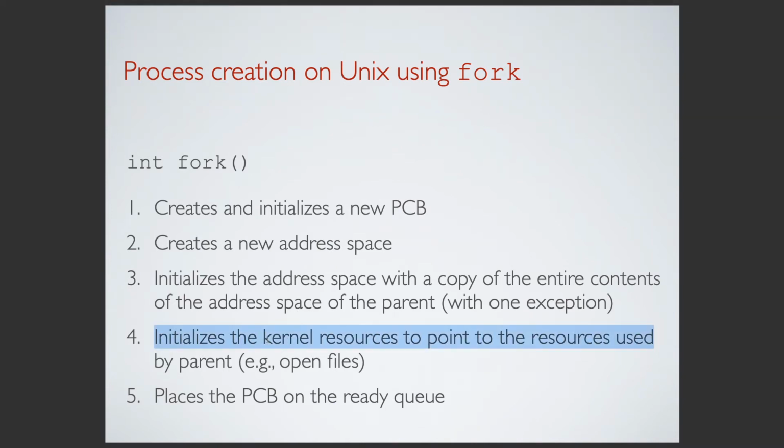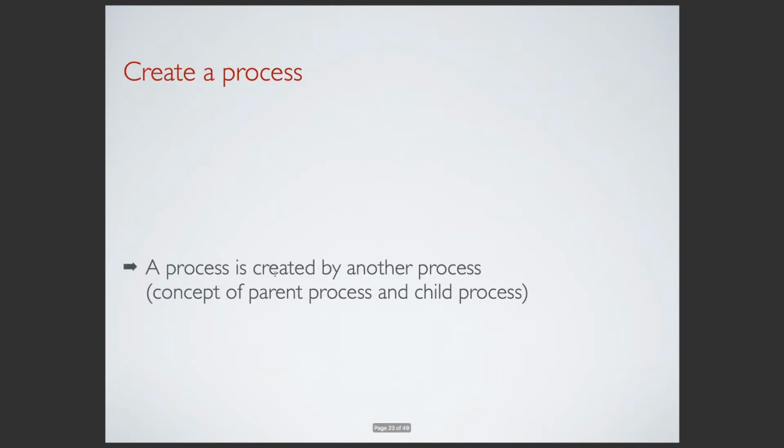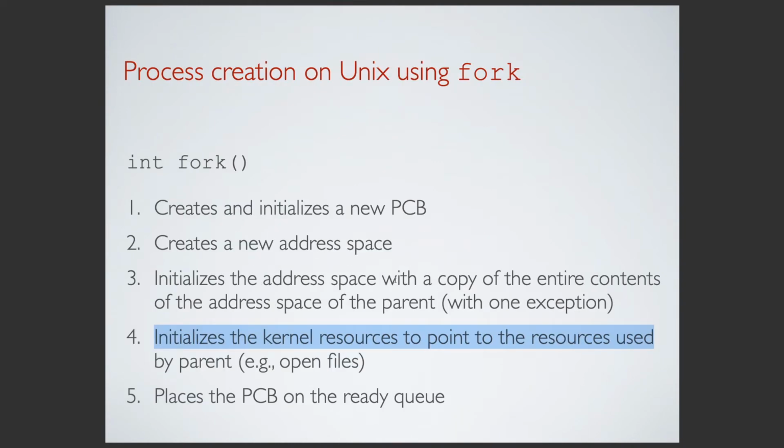And then what? Sorry. We are going to initialize the kernel resources to point to the resources used by the parent. So all the open files are going to be the same as well. So you share the same variables and you share the same open files. And then you place the PCB in the ready queue state.